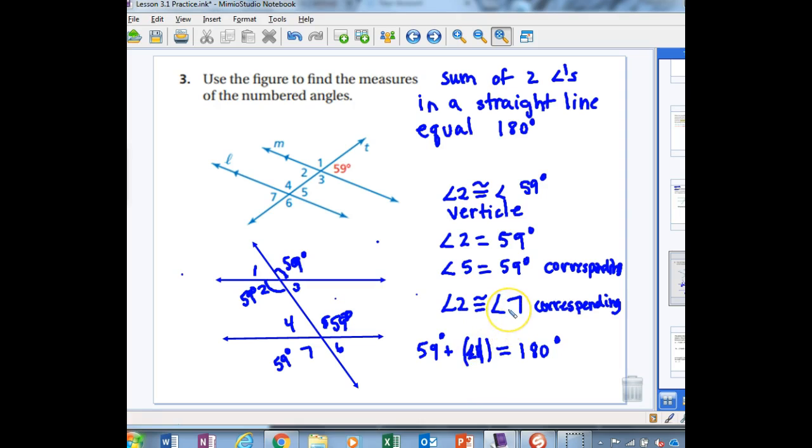What am I going to add? So, what do I need to do to find the measure of angle 1? From 59. What else?